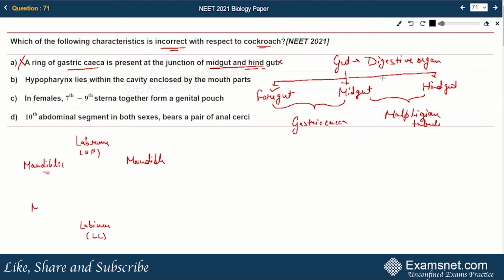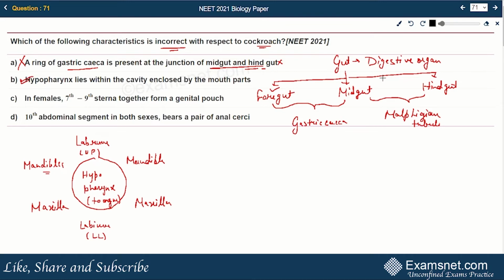Then there is a pair of maxillae, one maxilla here, one maxilla here. So now within the cavity that is enclosed by the mouth parts lies the hypopharynx, and it acts just like a tongue. So this statement is true.